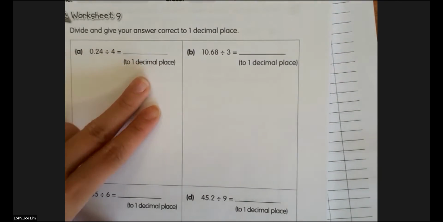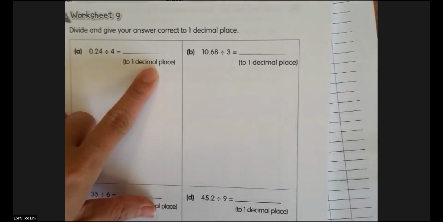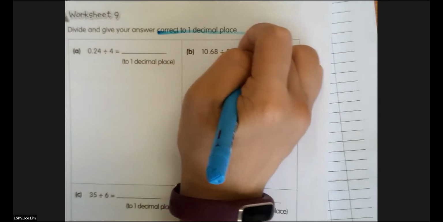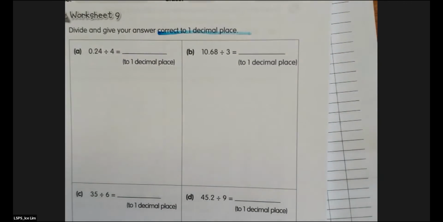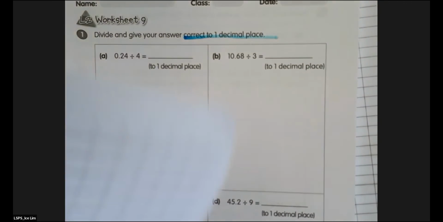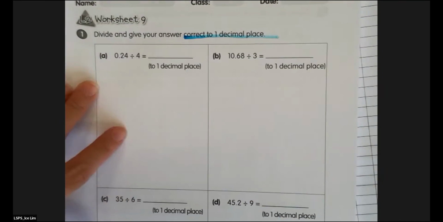Say, for example, 0.24 divided by 4. To one decimal place. Why is there one decimal place? Because it says correct to one decimal place. Okay, I do it once on the paper and once here.